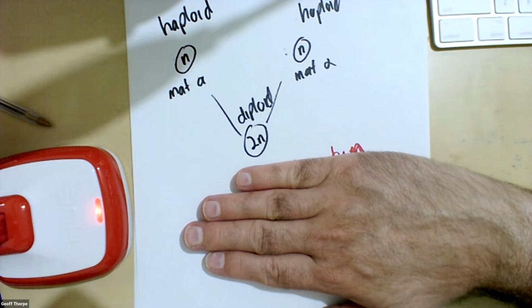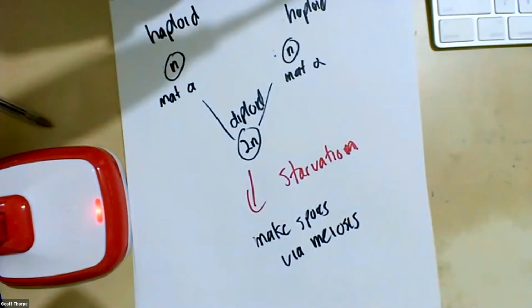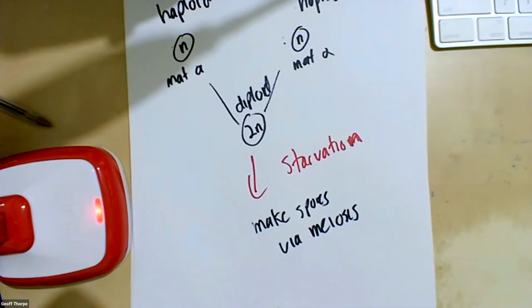So it can very quickly reproduce asexually, build up big numbers very quickly to take advantage of that. But one of the drawbacks, of course, of asexual reproduction is if conditions turn bad and there is some kind of selection pressure, then they don't have the genetic variation that may increase the chances of a variant surviving that selection pressure, which is where they then have to think of a different strategy.